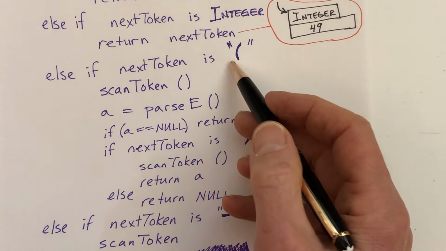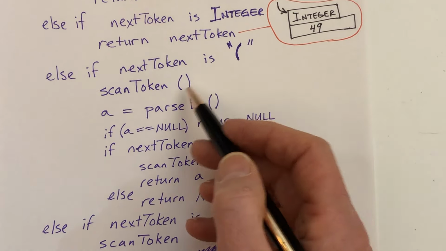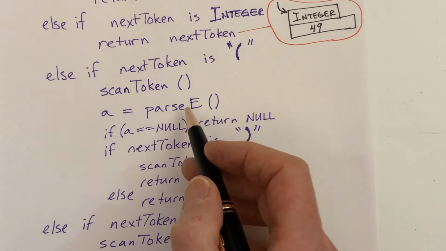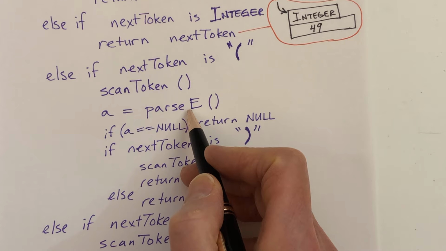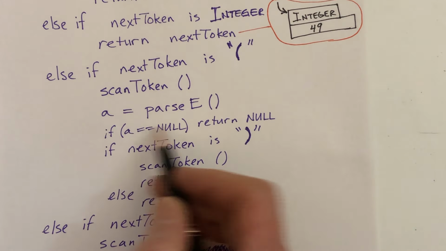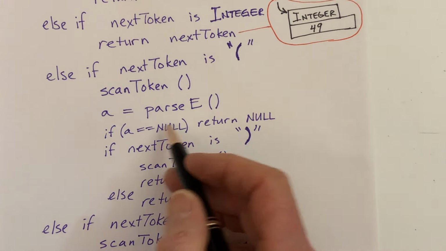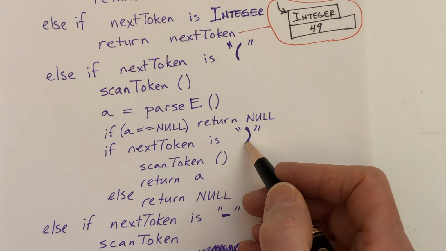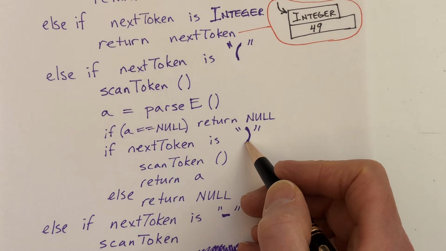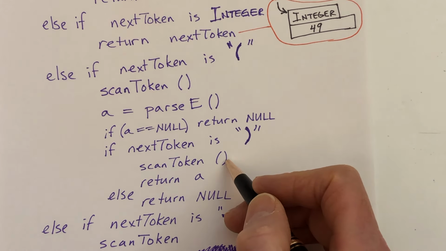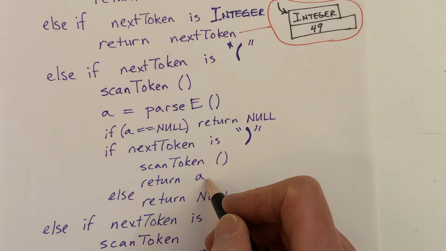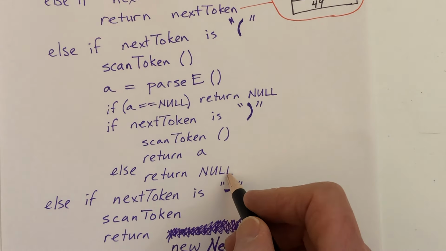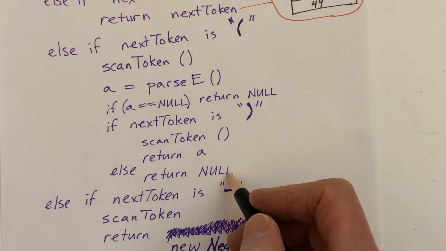If the next token is an opening parenthesis, then we scan past that opening parenthesis to the next symbol, and then we call parse E to parse an expression. Call it A. We can check to see whether there was an error, and if so, we just return null. And then we make sure that the thing following the expression is a closing parenthesis, and we pick that up, and finally we return the expression. If it wasn't a closing parenthesis, then we've got an error, so we return null.